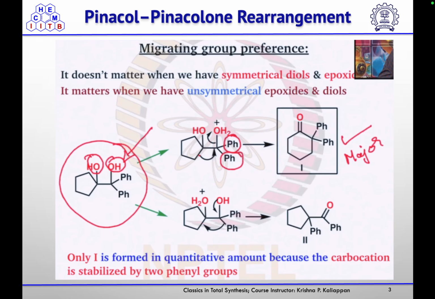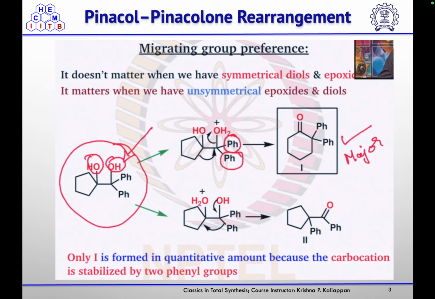Then, what are the migratory group preferences? The first carbocation will form at the position where the positive charge is stabilized, because after the rearrangement that positive charge is stabilized by resonance of the oxygen atom attached next to it. The driving force for this reaction is the formation of the first carbocation, which can only form when that carbocation is stabilized.